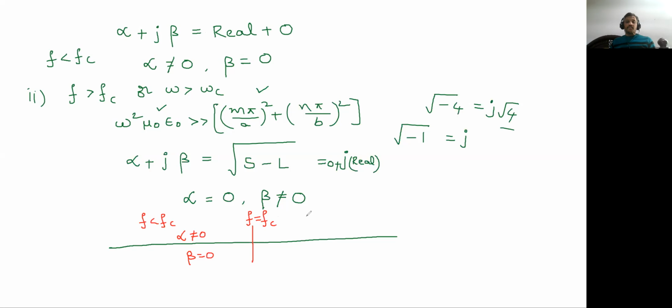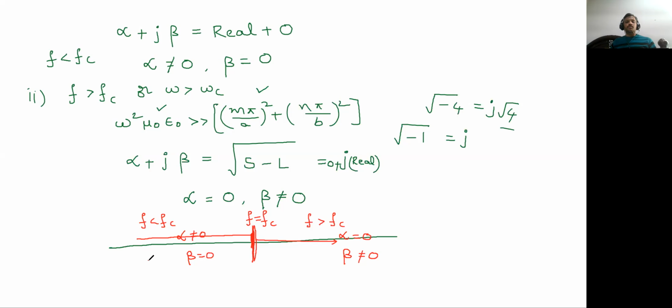And for the frequency f greater than fc, alpha has now become 0 and beta is not equal to 0. What this indicates, we'll try to analyze. Alpha will be not equal to 0 till this entire expression, up to this. But at this line, that is f equal to fc, alpha has become equal to 0. So from here onwards, alpha has become 0.